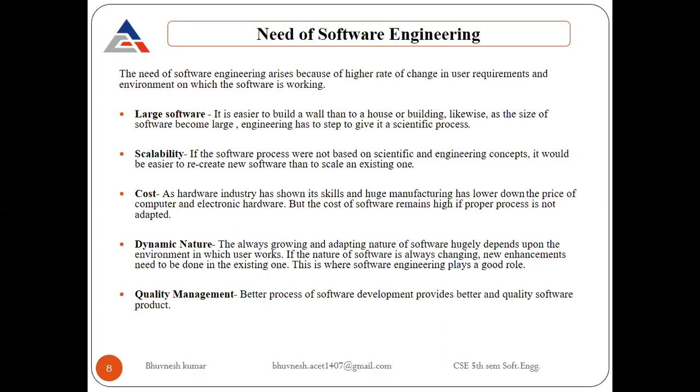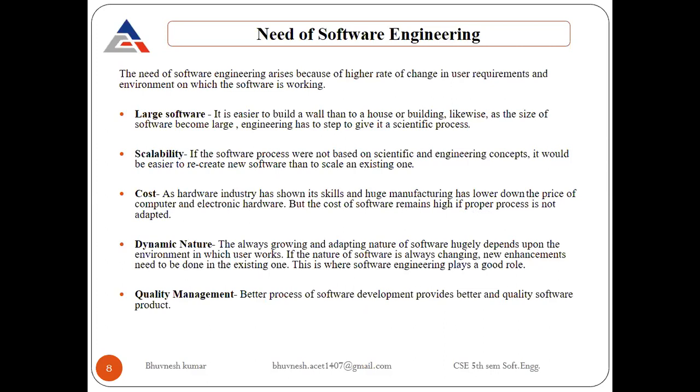And this point also explains that as the hardware industry has shown its scale, huge manufacturing has lowered down the price of computer and electronic hardware. If there is proper manufacturing, then your product cost gets reduced. But the cost of software remains high if proper process is not adopted.